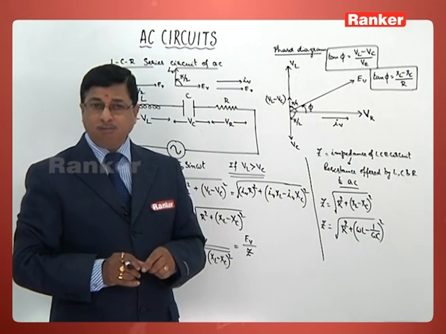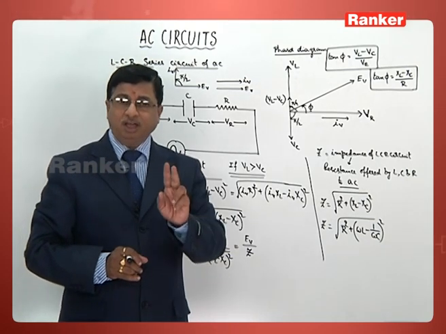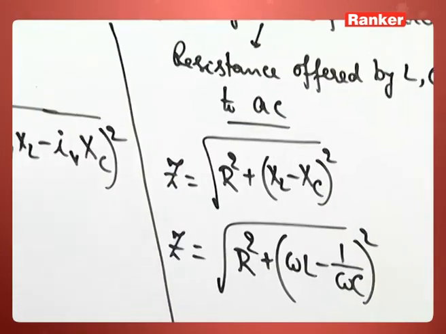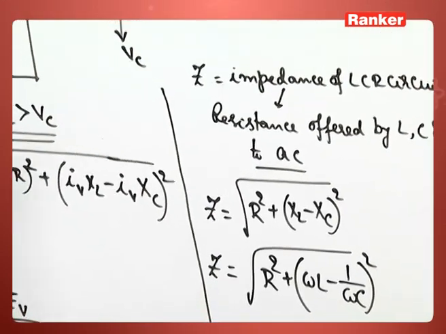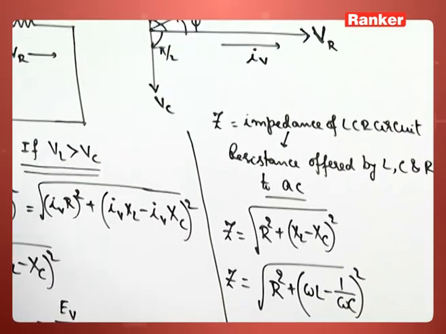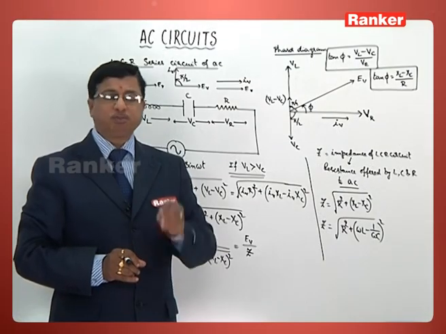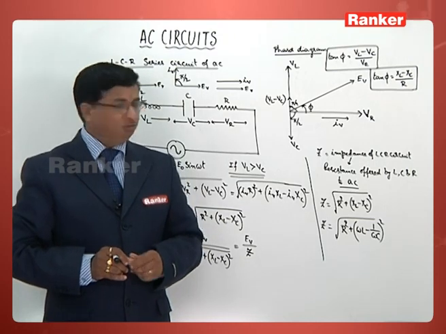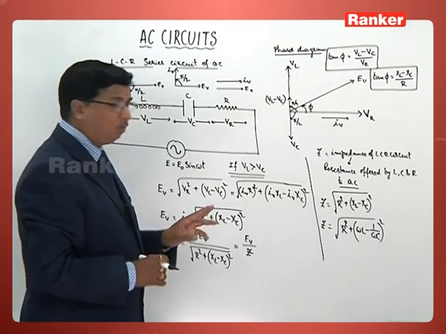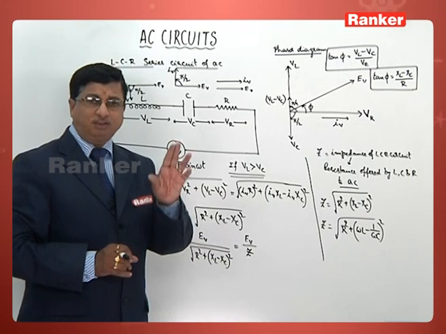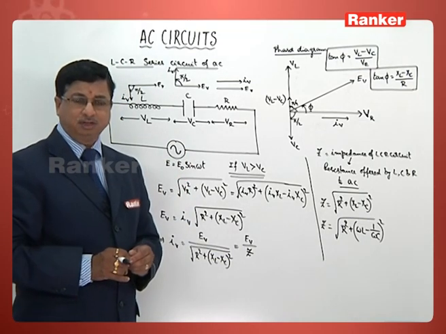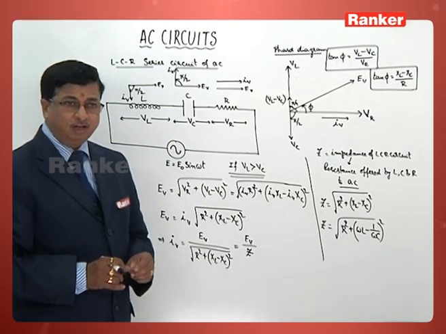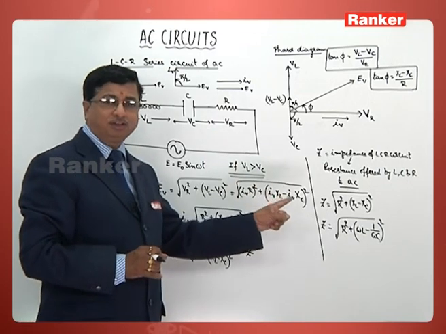Even though we have L, C and R, all the three in series in the circuit, the effective nature of that circuit is purely like a resistive circuit. So whenever an LCR circuit is behaving like a resistive circuit, then one can say that the circuit is in resonance now.